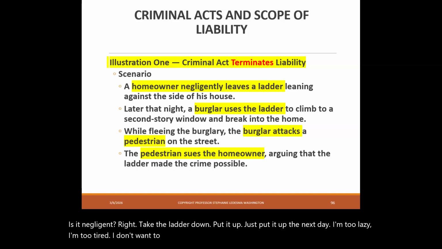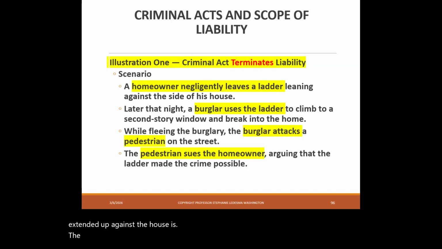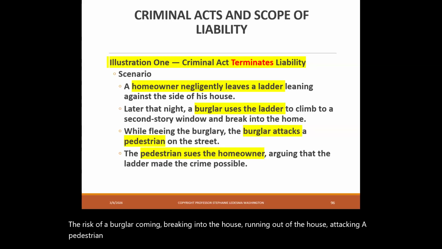So, yeah, there's some negligence in leaving that ladder extended up against the house. Is the risk of a burglar coming, breaking into the house, running out of the house, attacking a pedestrian one of the foreseeable risks? No. Got it?